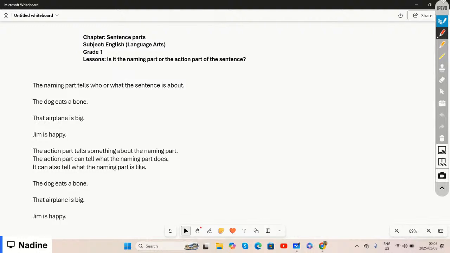All right. So we said that the naming part tells us who or what the sentence is about, meaning it tells us about the person or thing that the sentence is about. That is the naming part. If you look at these three sentences, the first says, the dog eats a bone.